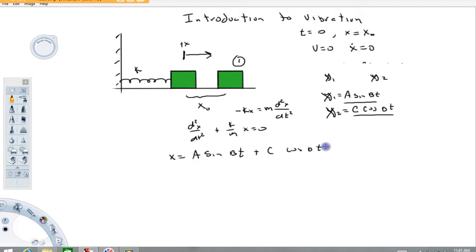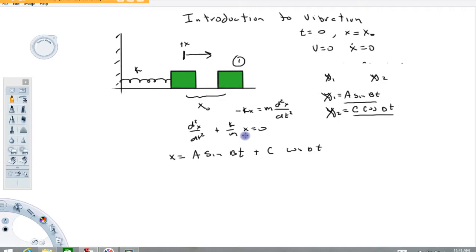This is a solution to any equation of this mathematical form, where I have a function differentiated twice, added to a multiple of itself, and you get 0.